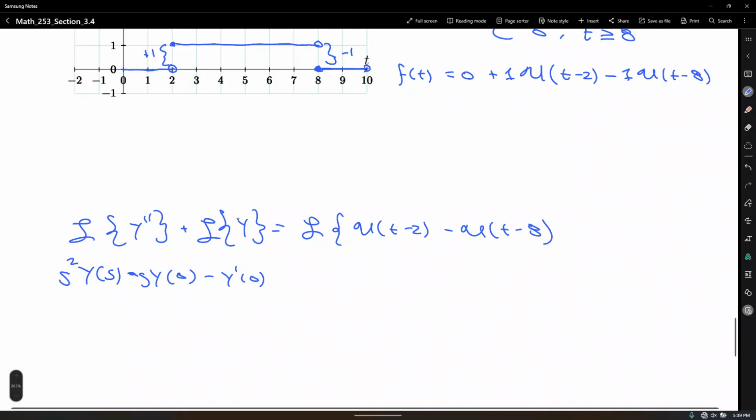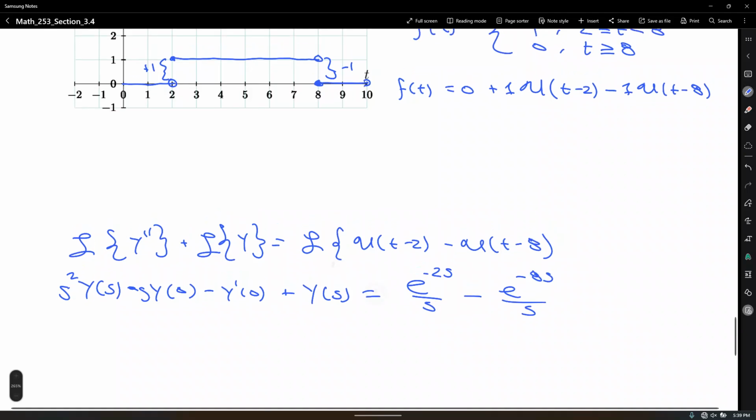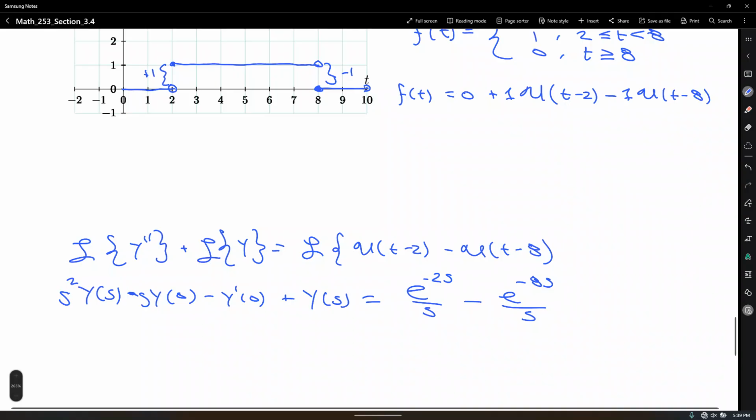Now, the Laplace transform of y is simply y of s. There's nothing else other than that. And here, the Laplace transform of u of t minus 2 will be e to the negative 2s over s minus e to the negative 8s over s. So we have transformed the equation.